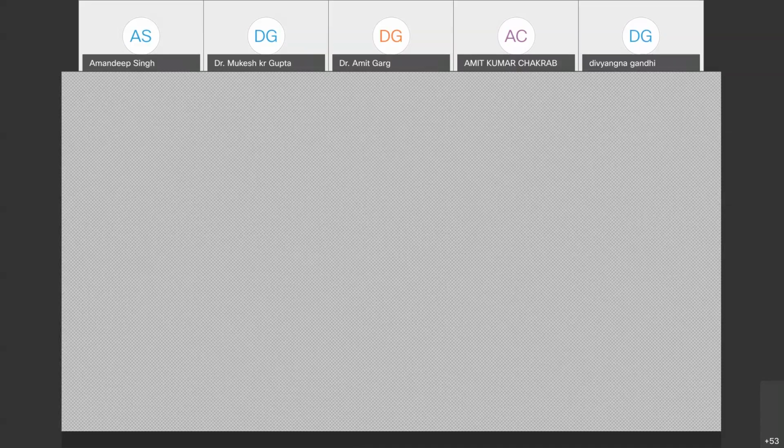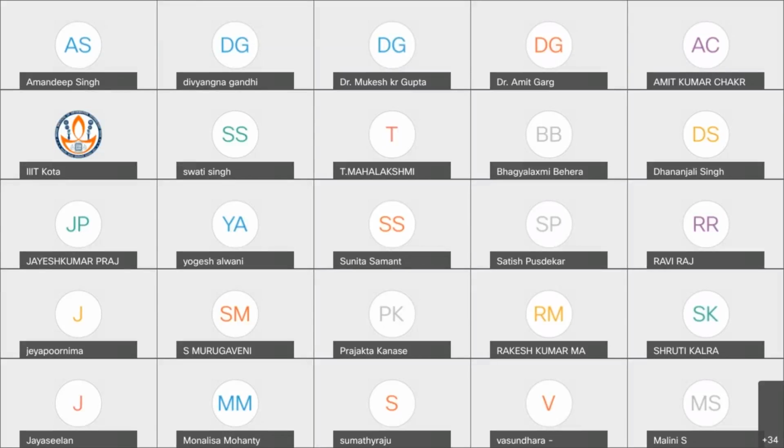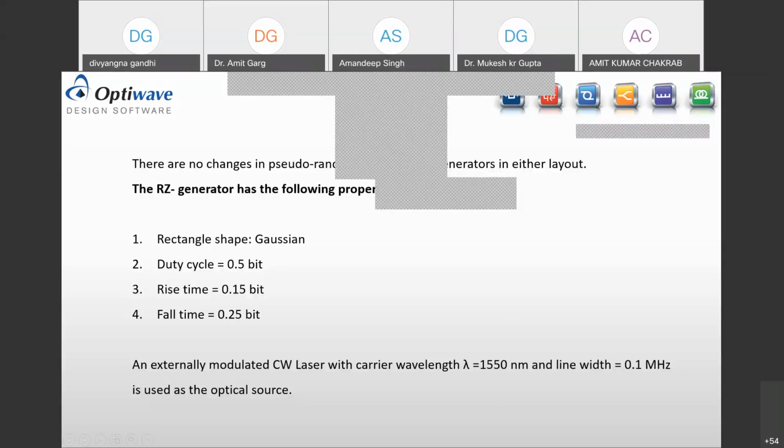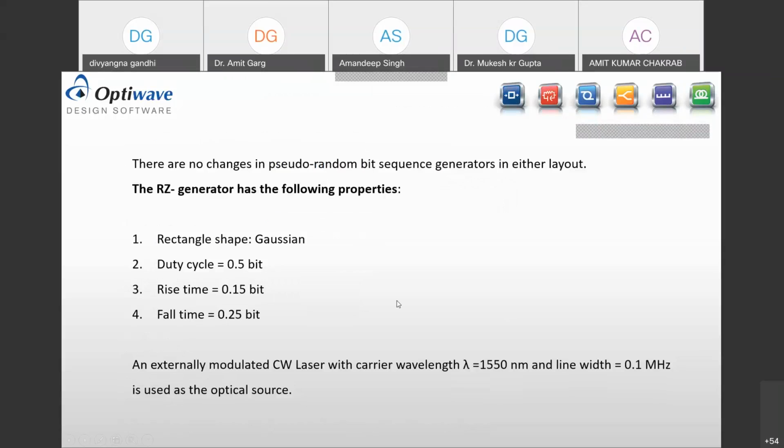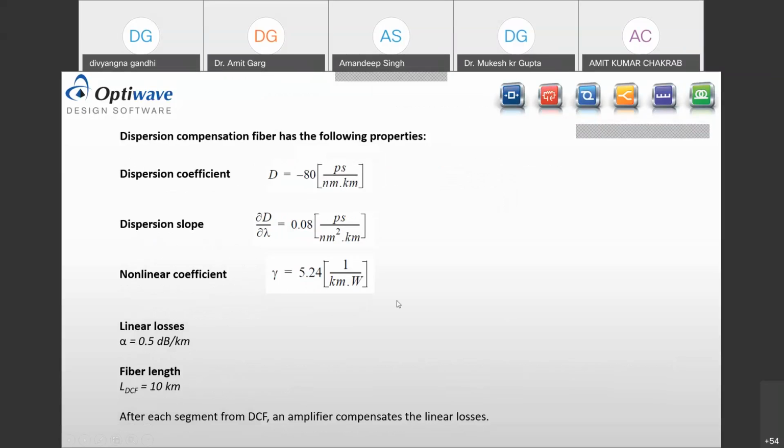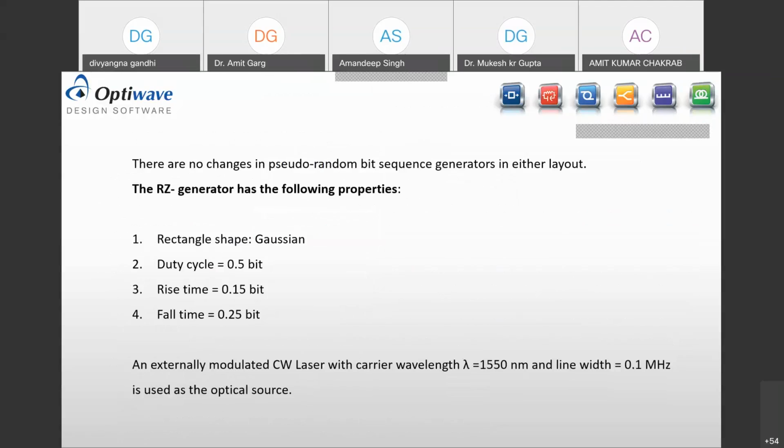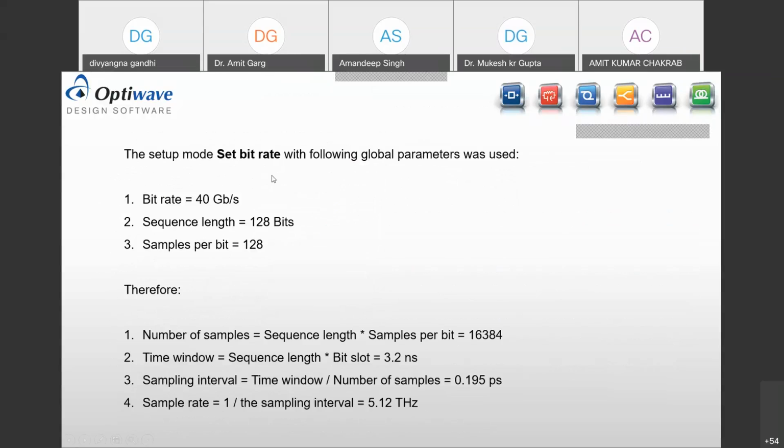Is that fine? No, sir, I'm not able to see this. I think the slides are not visible. Okay, just a minute. Visible now? Yes. Now open the OptiSystem window. Okay, these are the global parameters we have used. So you are requested to take a screenshot of this.